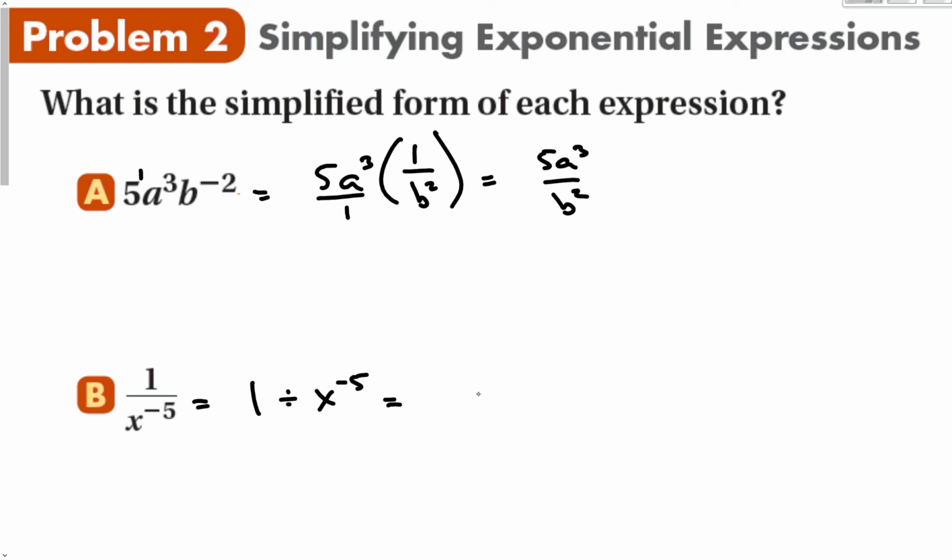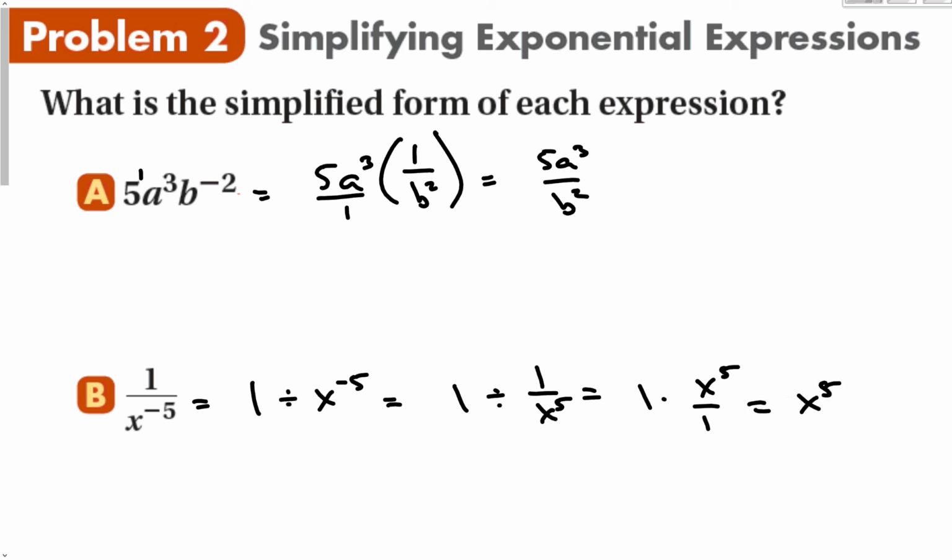Which is the same as saying 1 divided by 1 over x to the positive fifth power. And to divide something by a fraction, you multiply it by its reciprocal, okay? Which then just turns into x to the fifth.